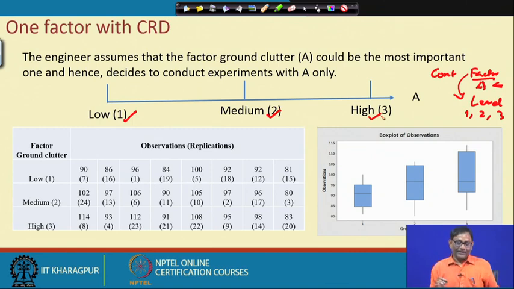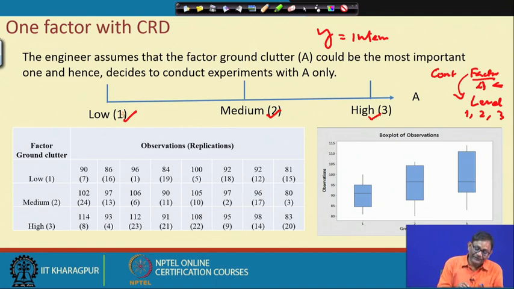Then what you are doing here is you want to see whether y, which is the intensity level at detection, changes if you do an experiment keeping ground clutter at low, keeping ground clutter at medium, keeping clutter at high level, or in other words factor A with level 1, level 2 and level 3.